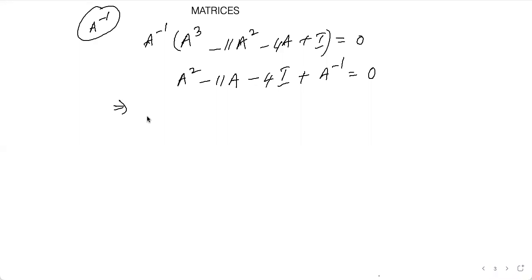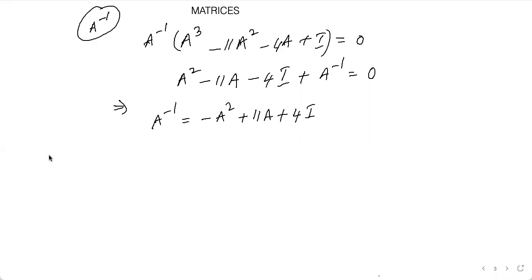Again we want A inverse, so A inverse is equal to minus A squared plus 11A plus 4I.